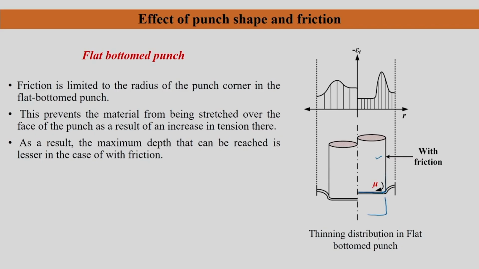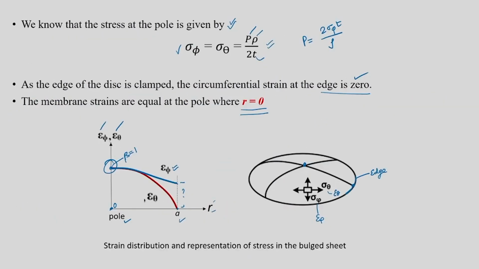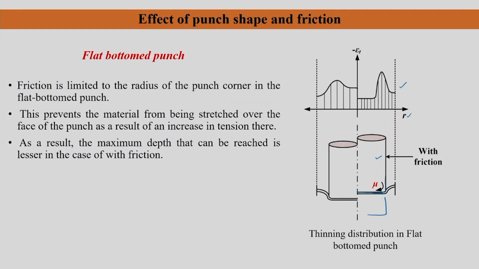In this diagram you will see that there is one upper figure and one lower figure. The upper figure tells you about the thinning distribution with respect to R. That means when you move from the pole, from the topmost point of the sheet, to this particular region, how thinning changes, epsilon t, the thickness strain, but we have put a minus here.